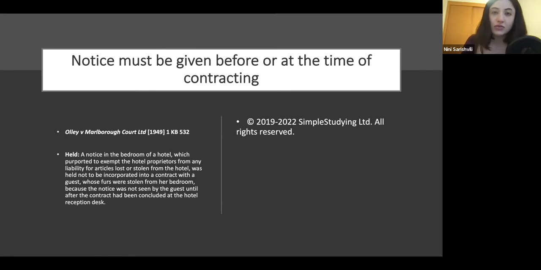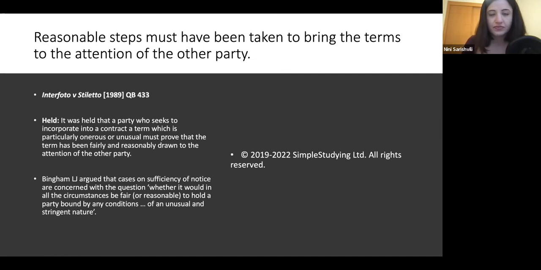It was held not to be incorporated into the contract with the guest, because the notice was not seen by the guest until after the contract had been concluded at the reception desk. Therefore, the main principle that came out of Olley is that the exclusion clause has to be presented to the party before the contract is concluded.